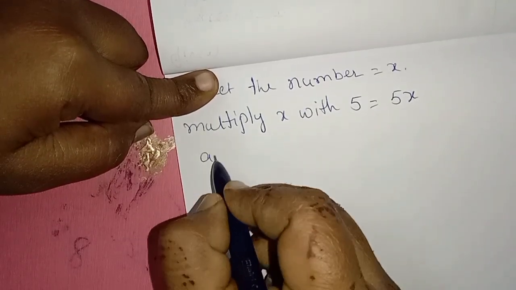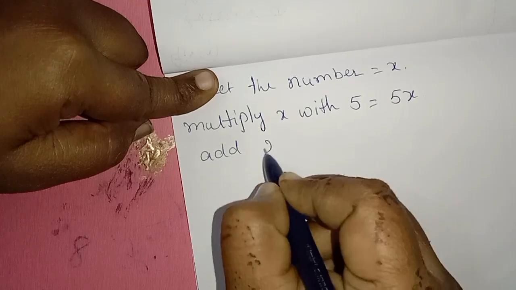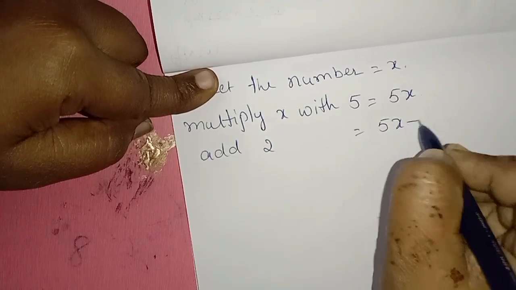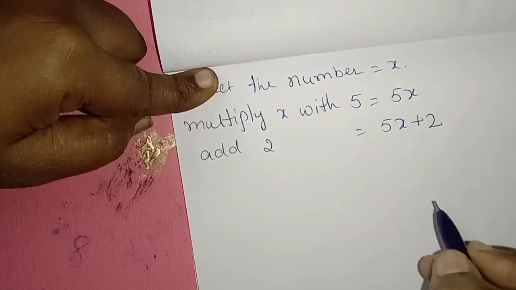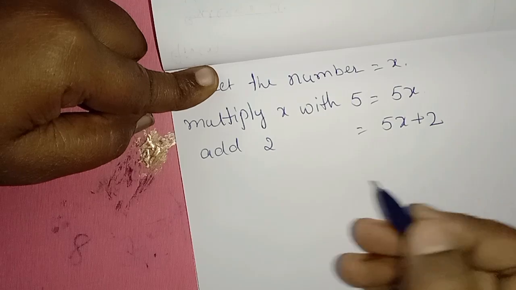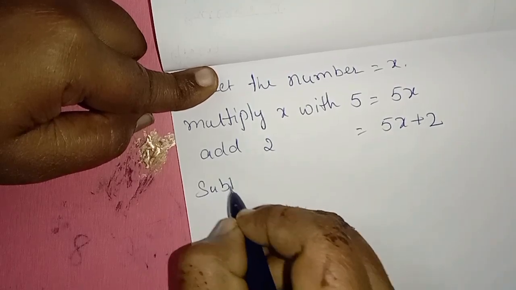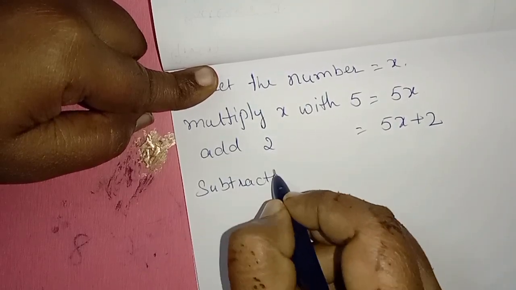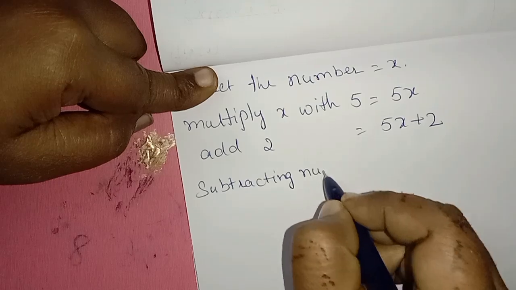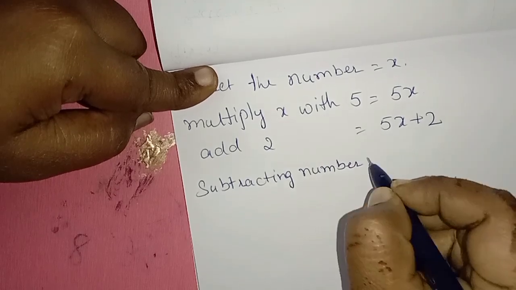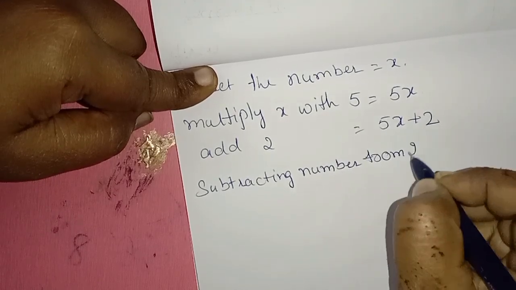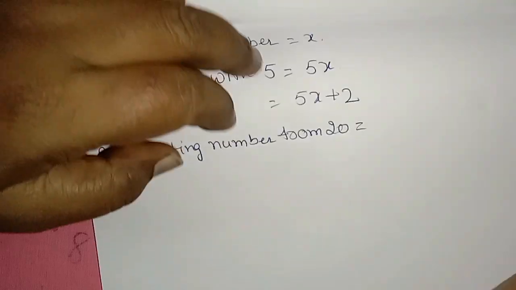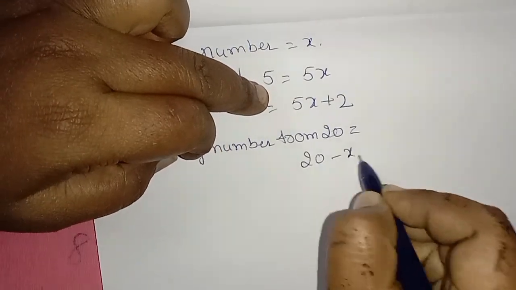Add 2. So it will become 5x plus 2. It gives the same value as subtracting my number from 20. Subtracting the number from 20 means you will get 20 minus x.